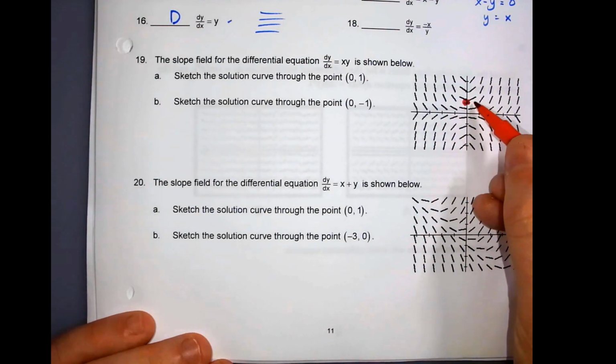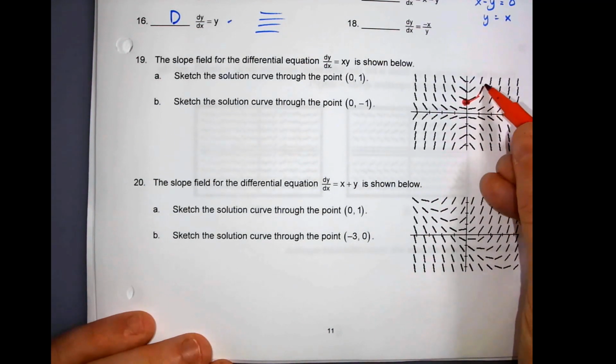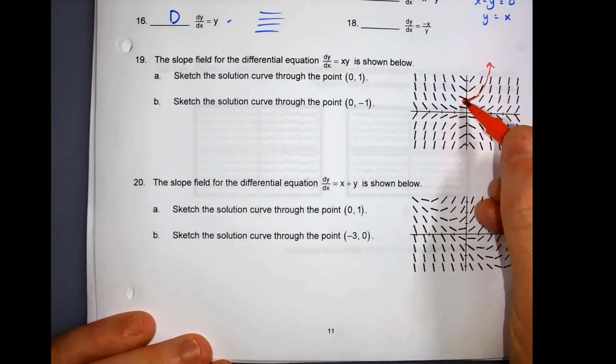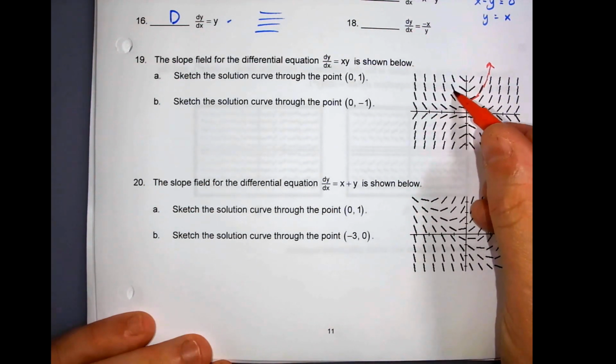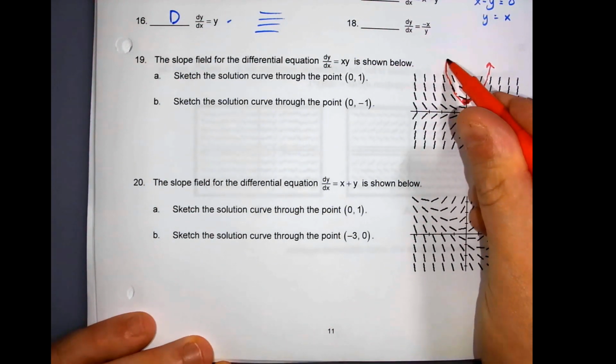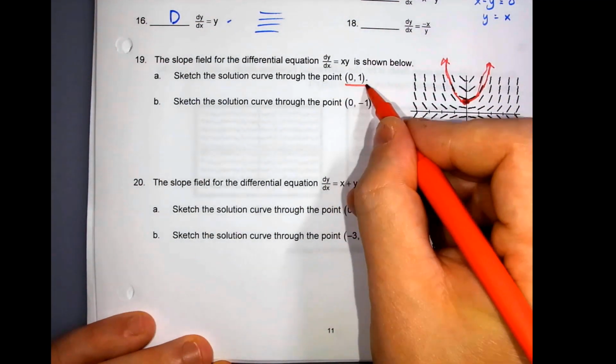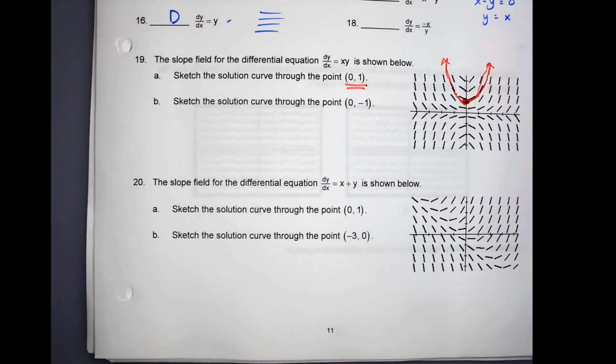If it moved a little bit to the right, it would start coming upward. And if it were a little bit to the left, it would end up coming downward. So that's what my curve will generally look like. That's the one that went through the point 0, 1.